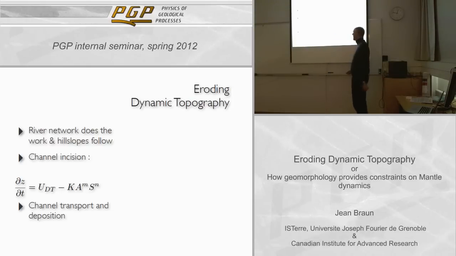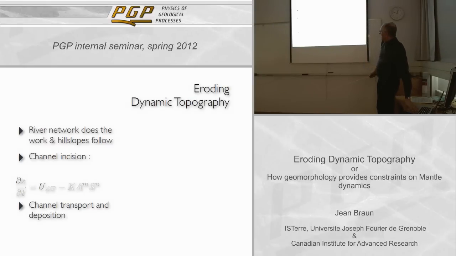It could be subsidence if it's negative. And this is the erosion of the river, the constant. And there are two parameters that matter: the local slope, dz/dx, and the drainage area or the discharge. How much of the landscape drains? So when a drop of water falls on that landscape, how much drains in that location? Two parameters, two powers, m and n. m and n are between 0.5 and 1.5. Right? They're not 27 and 0.01. It's not linear, but it's almost linear.